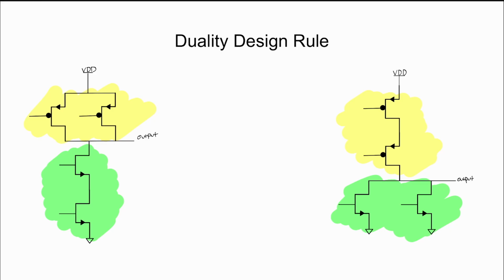You can effectively build your own pull-down network to match the on condition of the function using NMOS, where series effectively acts as AND and parallel acts like OR, and the pull-up network is always the complete opposite of that structure, or complement in another way.